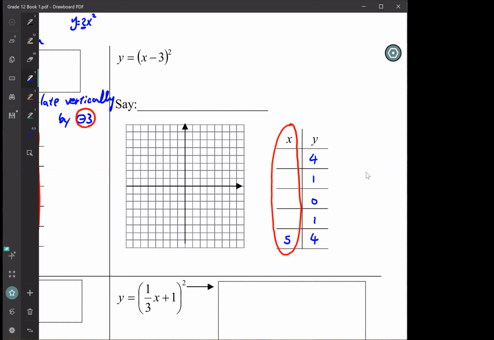So what will be another option? Donna, what's another number that can also give you 4? 1. Yes, very good. Okay, 1 minus 3 is -2, and square. Okay, let's go to the y value of 1. Kelly, what number do you plug in to get 1? Kelly, are you there? Did you hear my question?